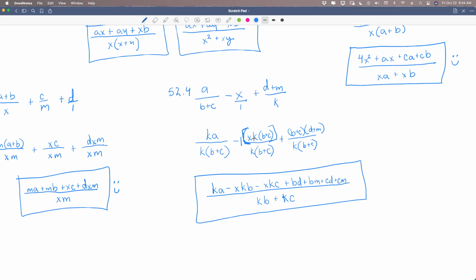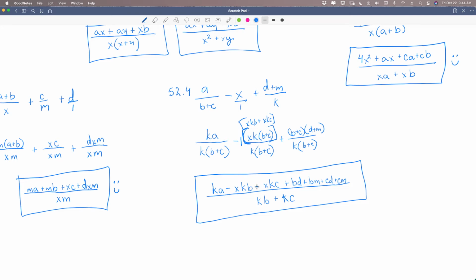So xk times b was xkb, right, within the bracket, plus xk times c, which was xkc within the bracket. So -1 times this gave me a negative xkb, and a -1 times xkc gave me a negative xkc.